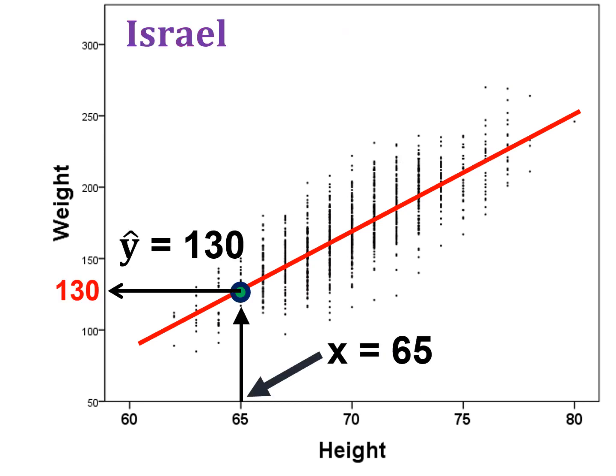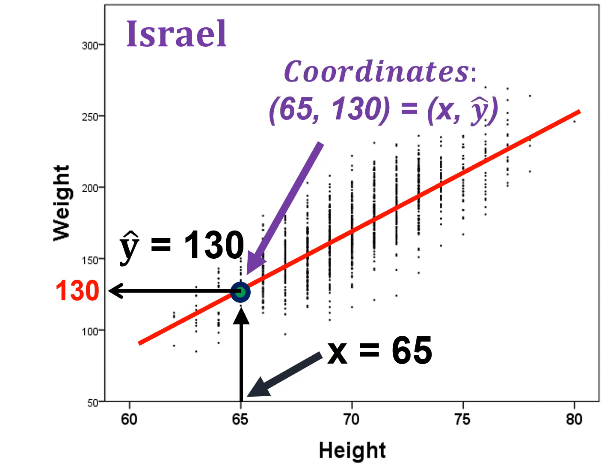As another example, here's our prediction for Israel. The prediction point for Israel is down here. Its coordinates are 65 and 130, where 65 is x, Israel's height, and 130 is y predicted, Israel's predicted weight.